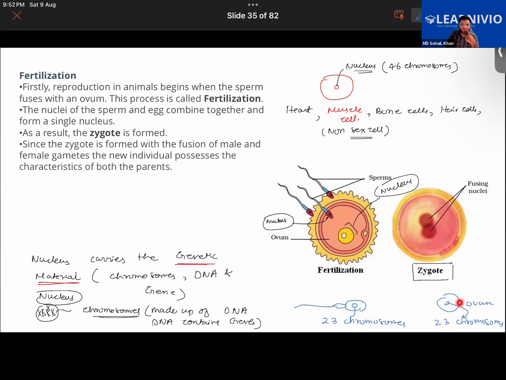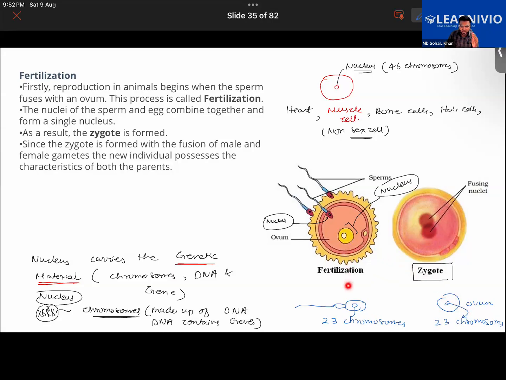Like curly hair, the color of the iris. You guys know the color of the iris gives the eye its color. Some people have brown, black, or some people even have blue. Rarely some people have green as well. So such information about the male and female parents is present in the chromosomes.